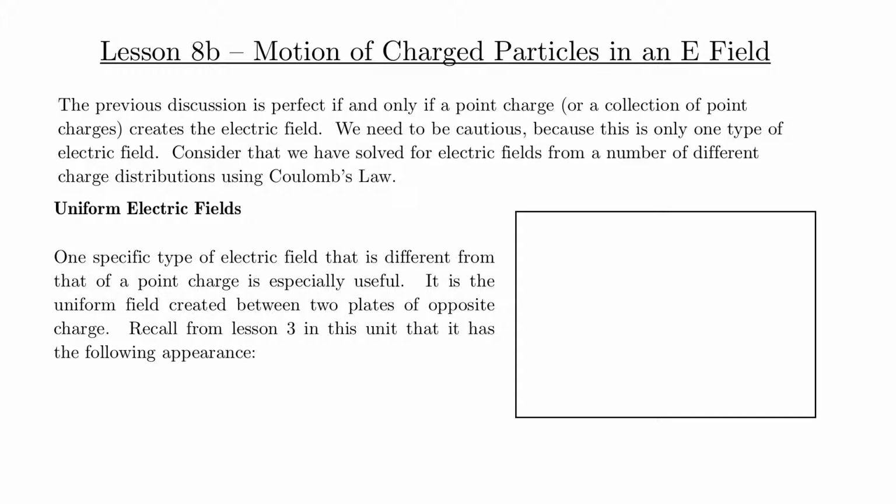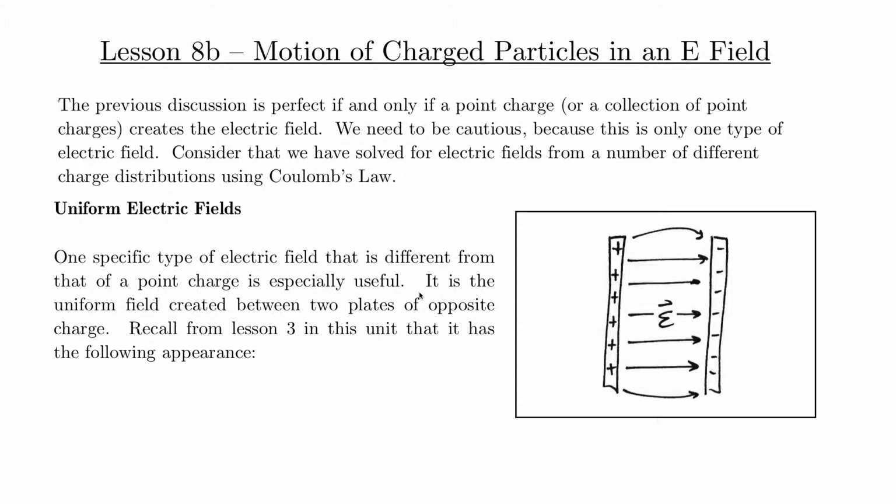The other specific kind that we're going to talk about in this course is what's known as the uniform electric field. It's the type of electric field, if you'll recall, that we get from a parallel plate. We've got one plate here that's charged up positive, and one plate here that's charged up negative.